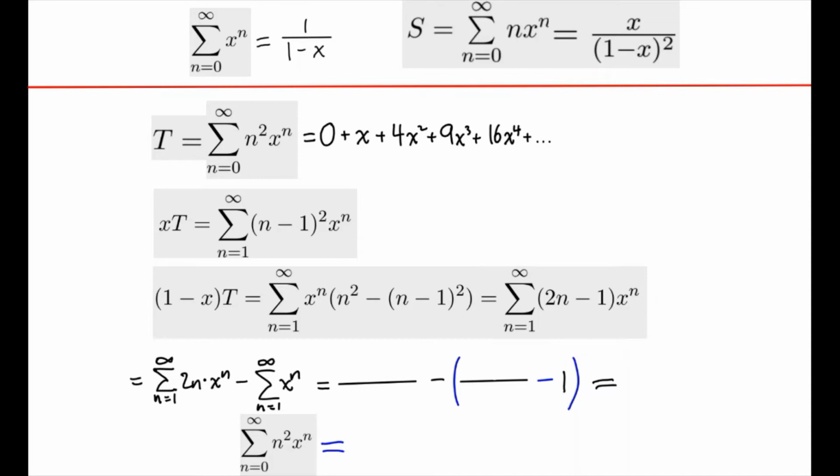Now we can separate this over here into two separate sequences. One with 2n times x to the n power, and subtracted by x to the n power.